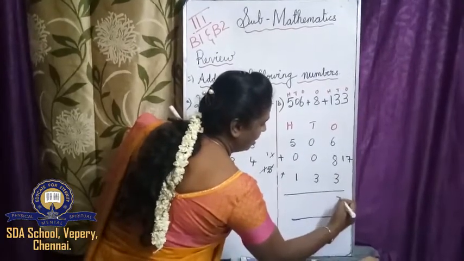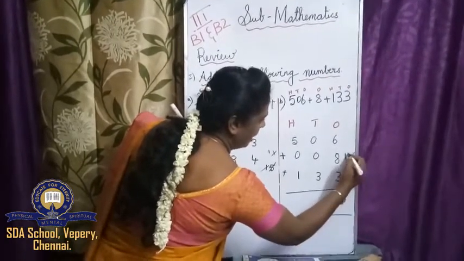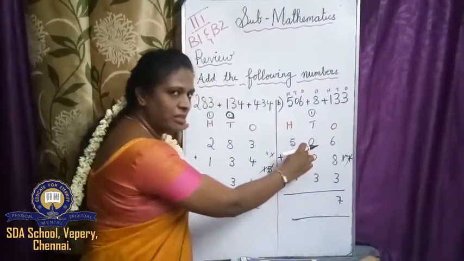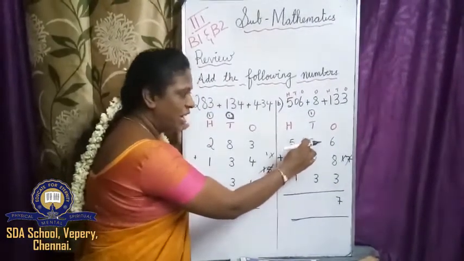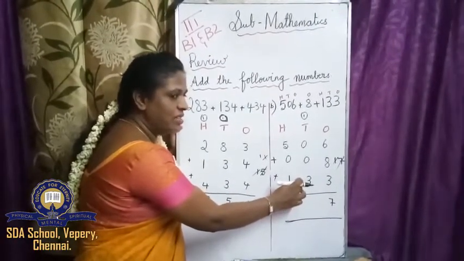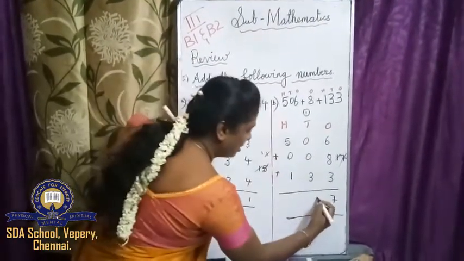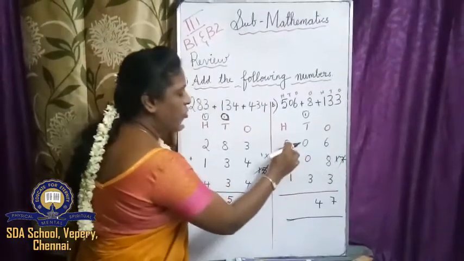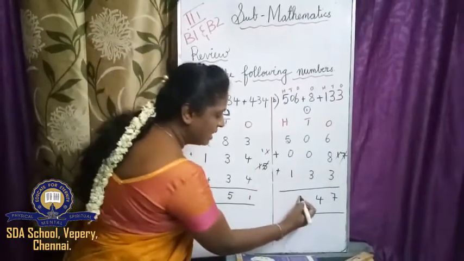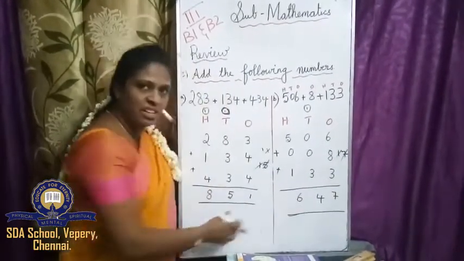So write 7 in ones place and carry 1 to the tens place. 1 plus 0 is 1. Again 1 plus 0 is 1. Again 1 plus 3 is 4. Now 5 plus 0 is 5. So 5 plus 1 is 6. Is it clear, children?